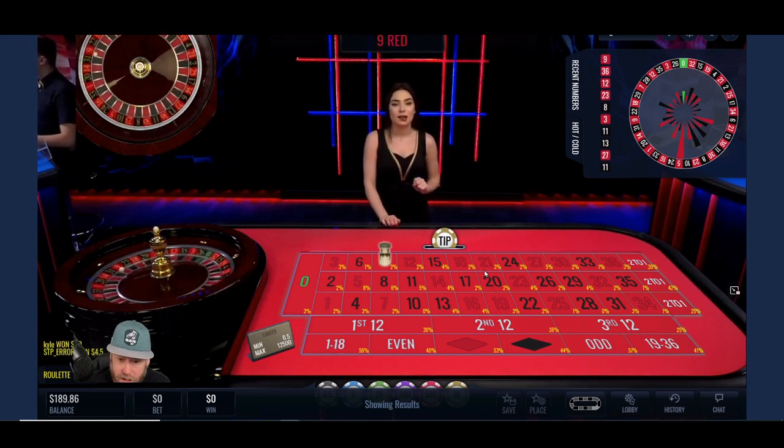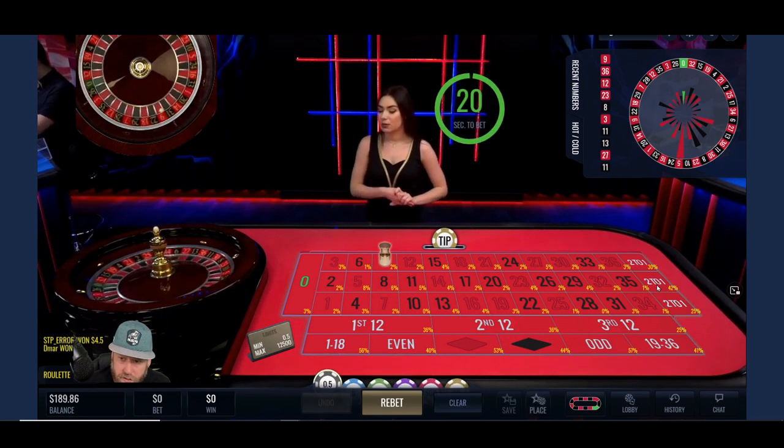Okay, so we got that third column, 3 in a row. So we're going to jump into the other 2.